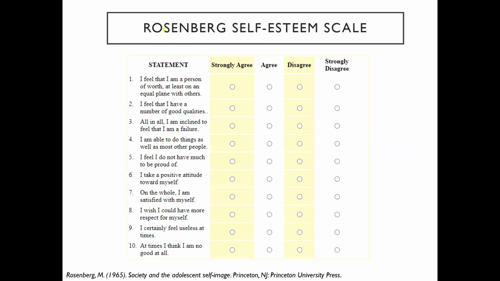We have the Rosenberg self-esteem scale, a very famous scale that a lot of people have used. It was developed in 1965, quite a long time ago, for an adolescent population, and it has 10 items or indicators. If you look at those questions, they are the manifestations or signs of self-esteem.